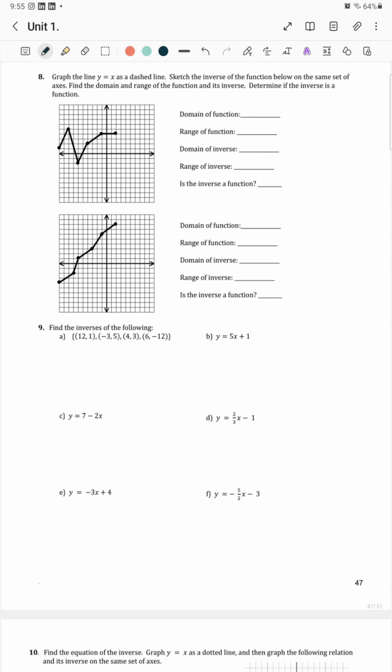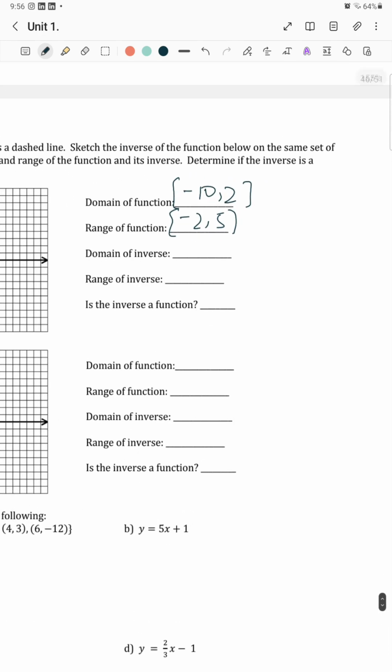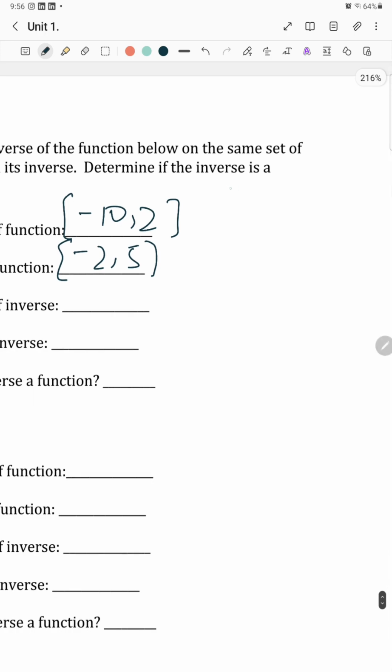Okay, so first of all we will find the domain of the function. The function is moving from minus 10 to 2, and the range is from -2 to 5. And domain of inverse and range of inverse is this inverse function. Okay, so for finding the domain and how to find the inverse function, we need to alternate the x and y.